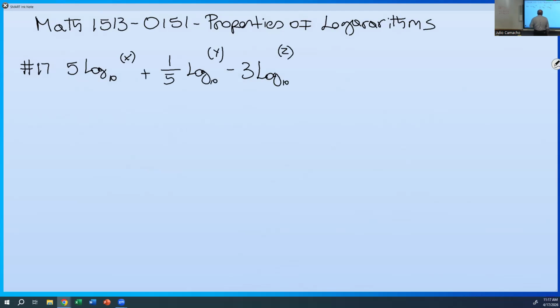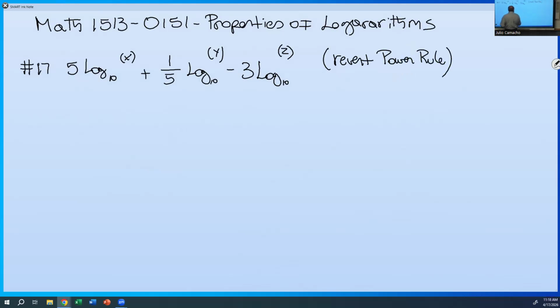So first of all, we need to revert the power rule. That is the first one.